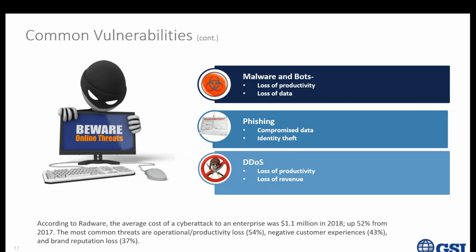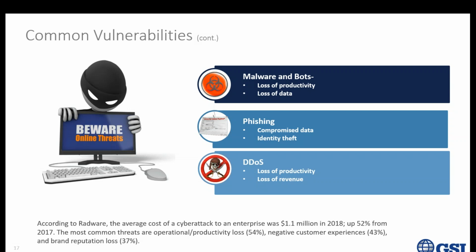Did that progress? So some of those directed threats, you've all heard of malware and bots, and those are really common for loss of productivity and also loss of data. I mentioned phishing attacks on the last slide.